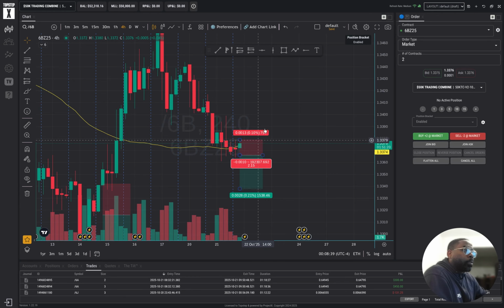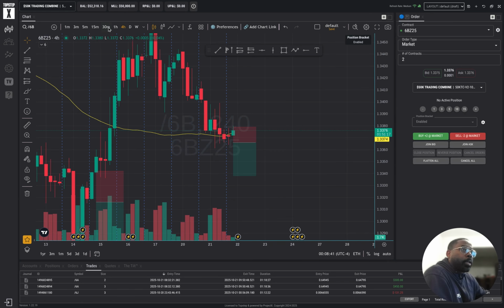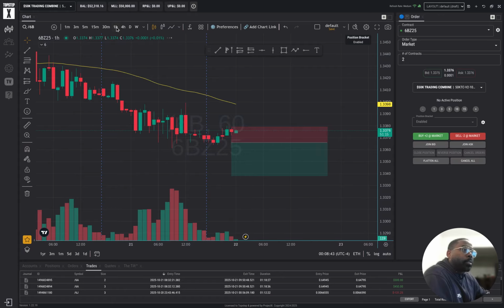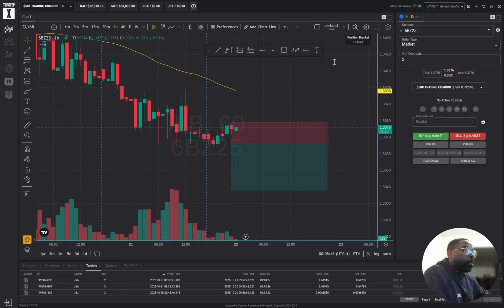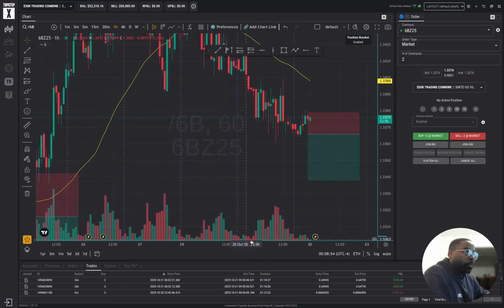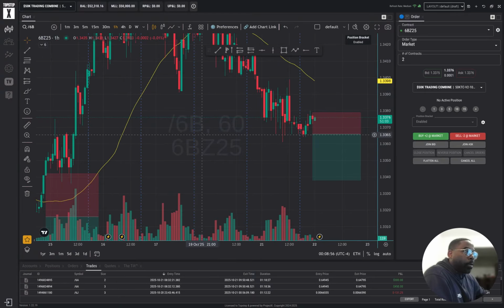If we can get a close down here, and when I say a close down here, I'm looking at these smaller time frames. So we see the hourly time here. If we can get down below this resistance on the hourly, if you look over here, nothing but smooth sailing down.